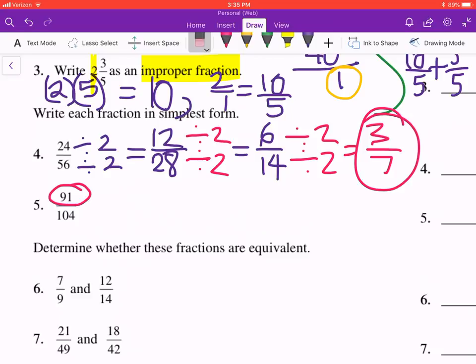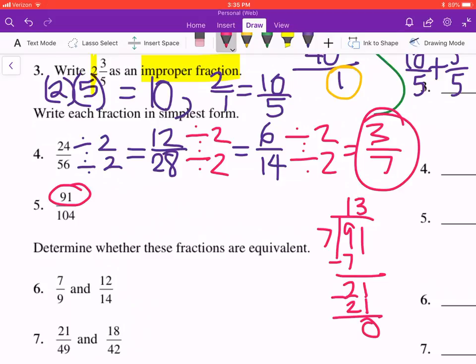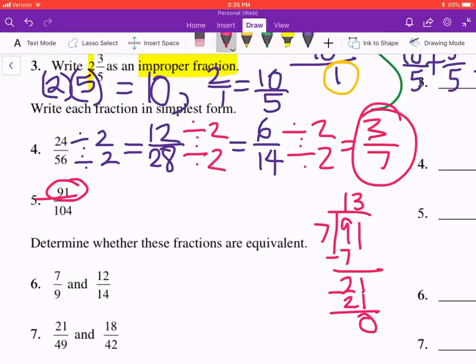Let's try 7. If we take 91 and divide that by 7, 7 goes into 9 one time. 7 times 1 is 7. Subtract that, we get a 2. We drop the next number, which is a 1, and we know that 7 divides into 21 three times. 3 times 7 is 21. Subtract, and we get a 0. So that will work, so we're going to try that here. We're going to divide by 7, and hopefully 104 is also divisible by 7.